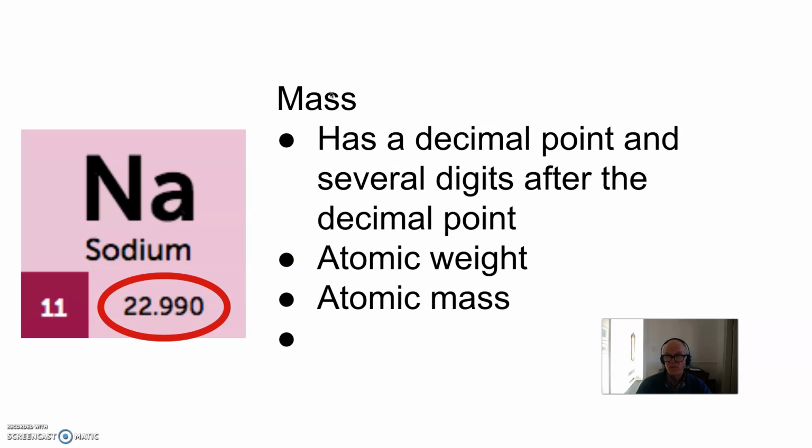It's sometimes referred to as the atomic mass, and sometimes referred to as the average atomic mass. Some textbooks will tell you that those are slightly different things. For our purposes, in our course, we're going to consider them all to be the same thing. Those are names for the mass of an element. And we'll hear about another one in just a minute.